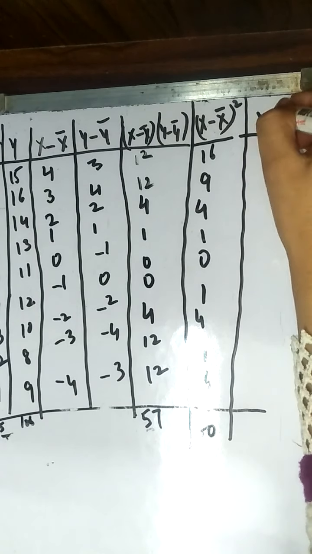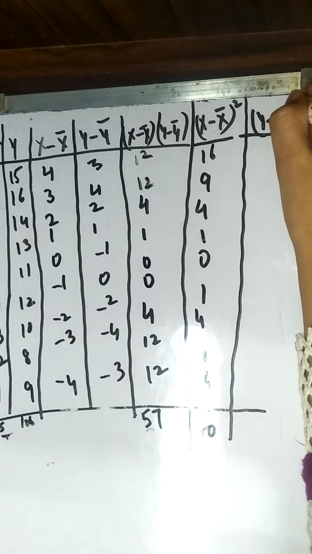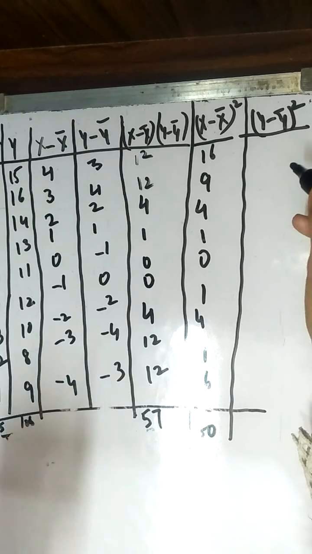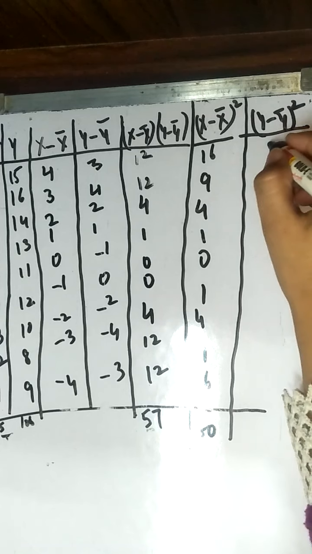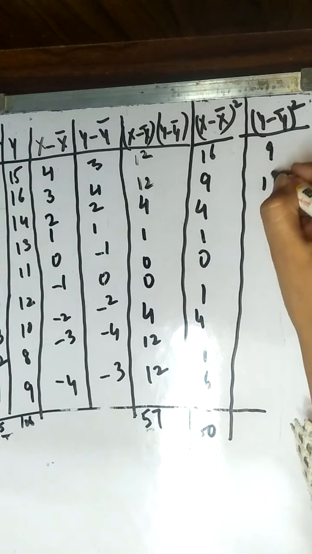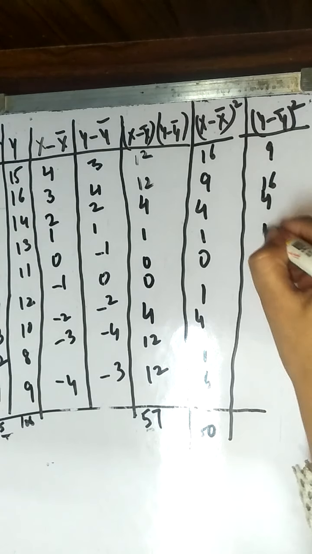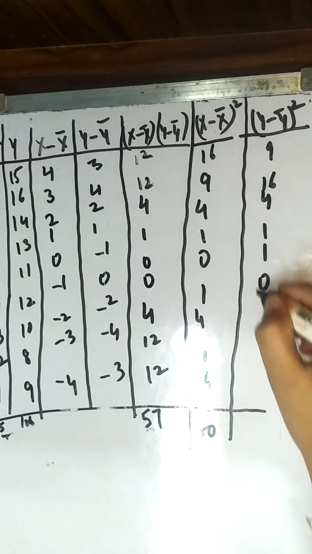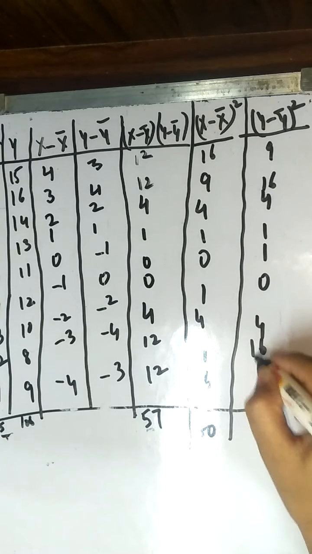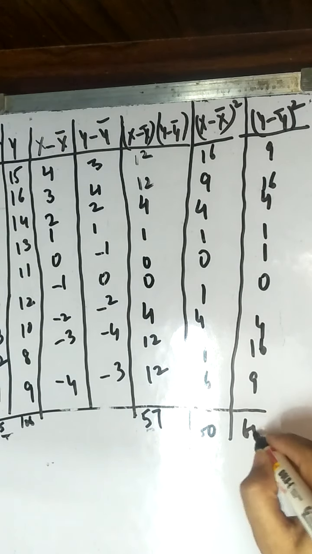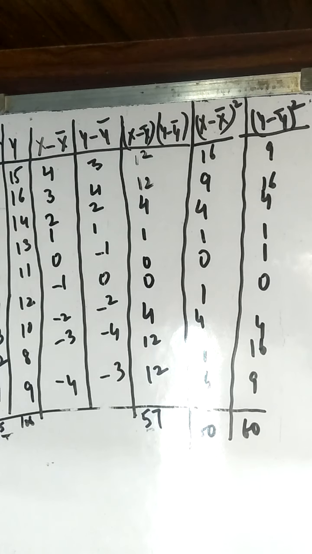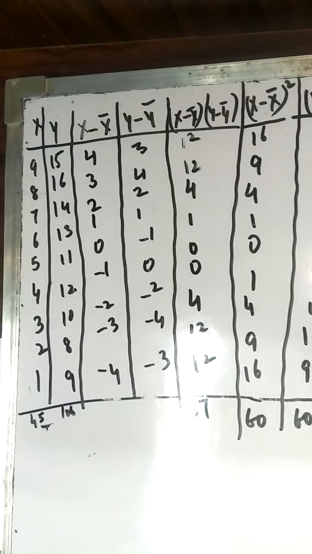Then we find y minus y mean square. So we square these values: 3 squared is 9, 16, 4, 1, 1, 0, 4, 16, 9. So it becomes 60.